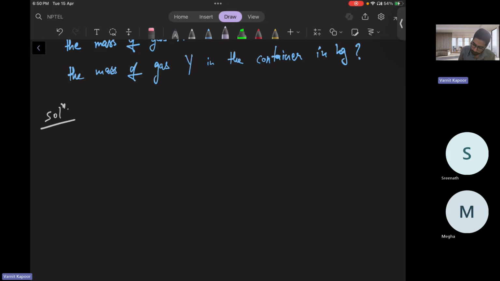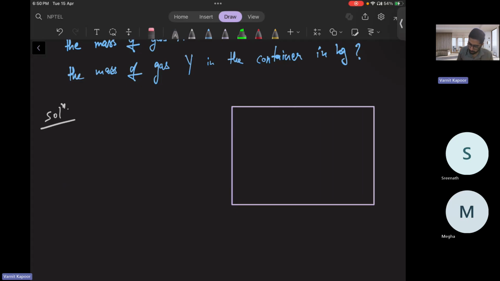Let's draw a container first of all. Suppose you have a container here. It's insulated, suppose there's no heat interaction. You can assume that. So there is gas X, there is gas Y. The molar mass of gas X, capital Mx, is nothing but 10 kg per kilomole.